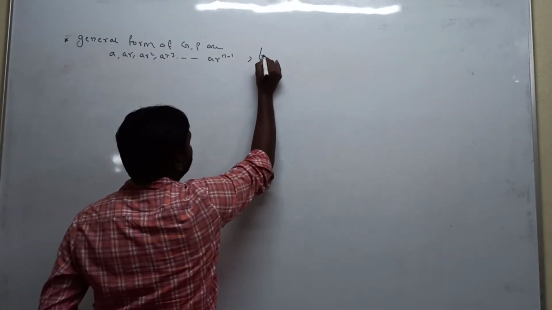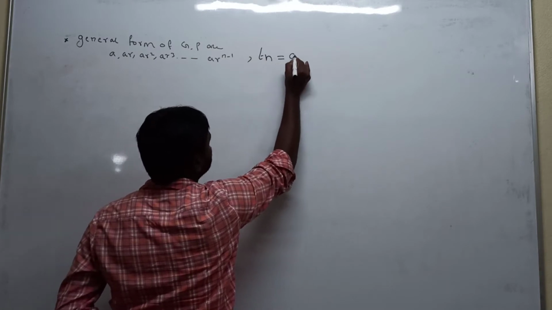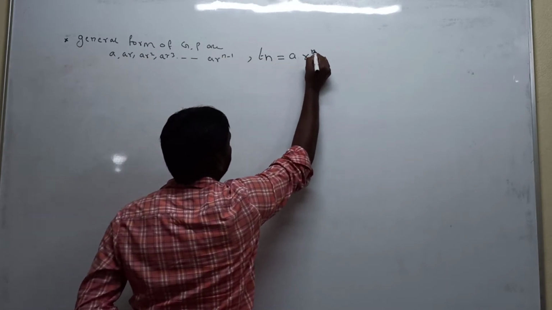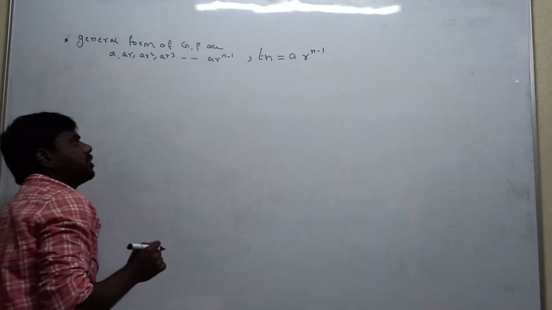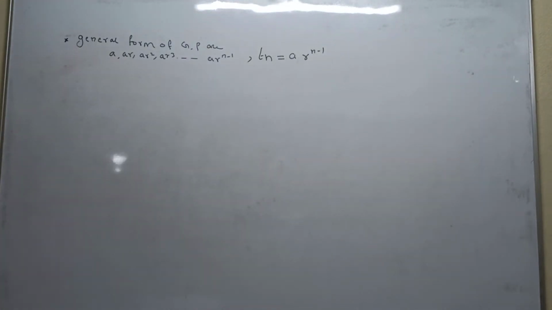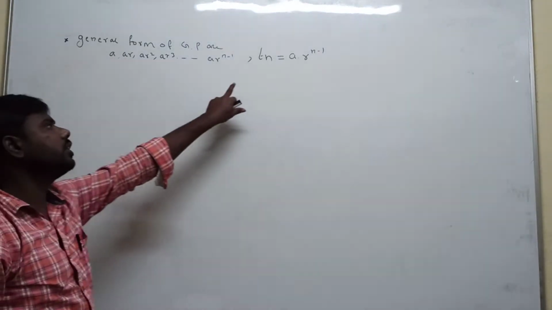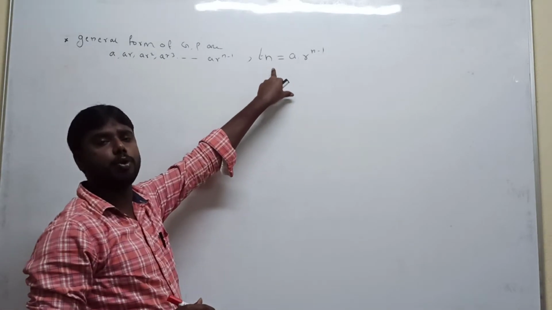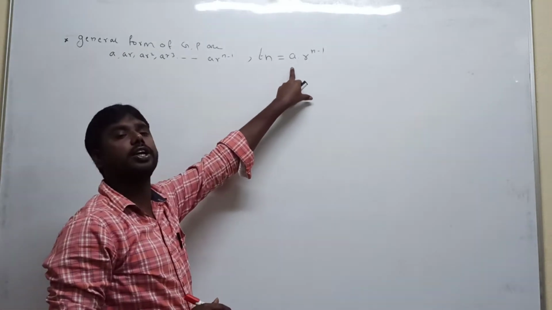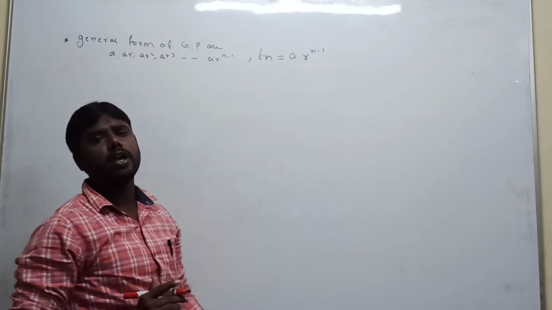The nth term of the geometric progression is Tn is equal to A into R to the power of n minus 1.